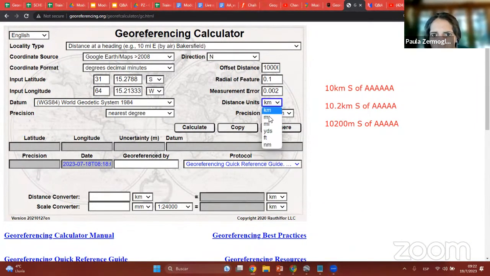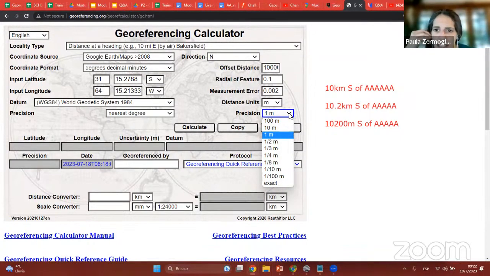So in here, moving to distance units meters, we would have to choose how many meters is the precision around that measurement. Given that this is such a large number, I would say they can miss by 100 meters. So the precision associated with this measurement would be 100 meters.